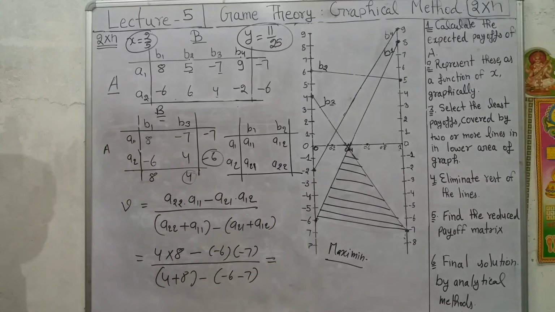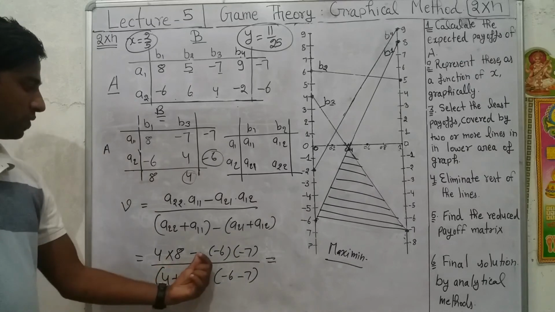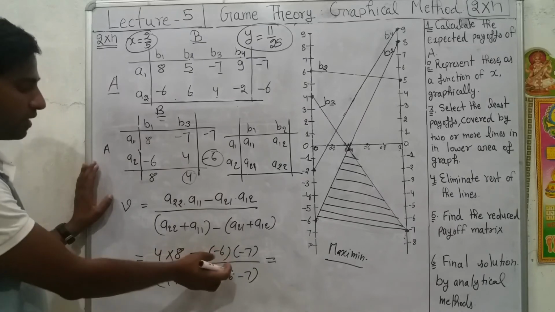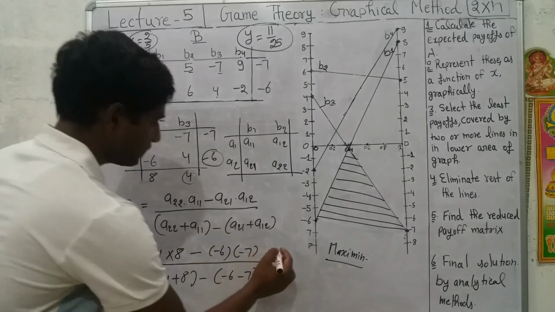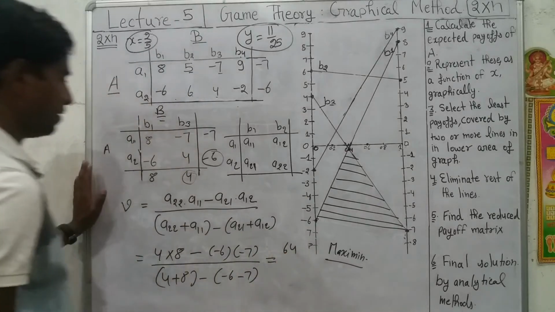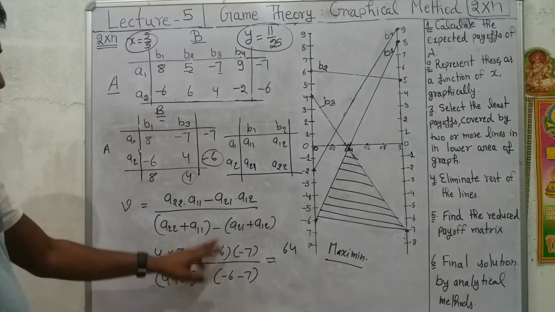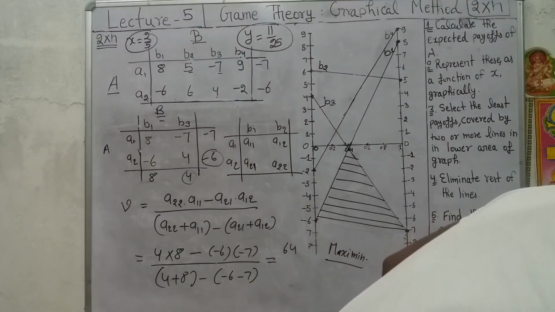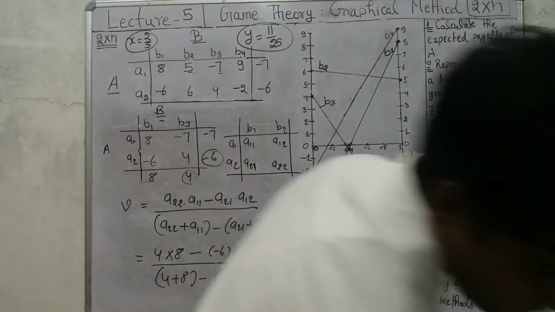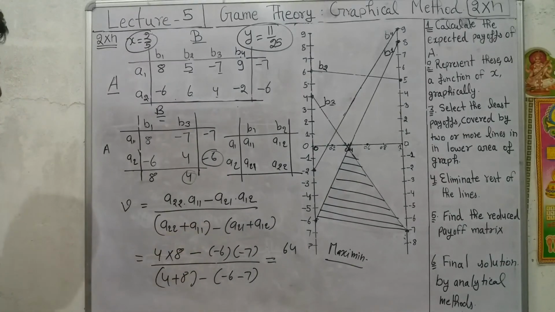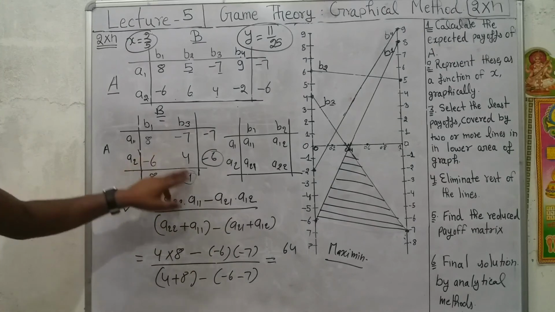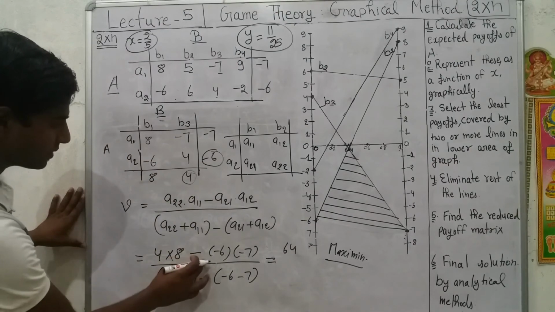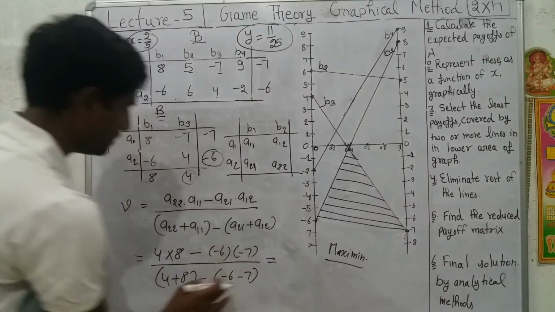So the value would be equal to 32 minus 42, that is 4 into 8, 32, minus A21 minus 6 into A12 minus 7, 32 minus 42.